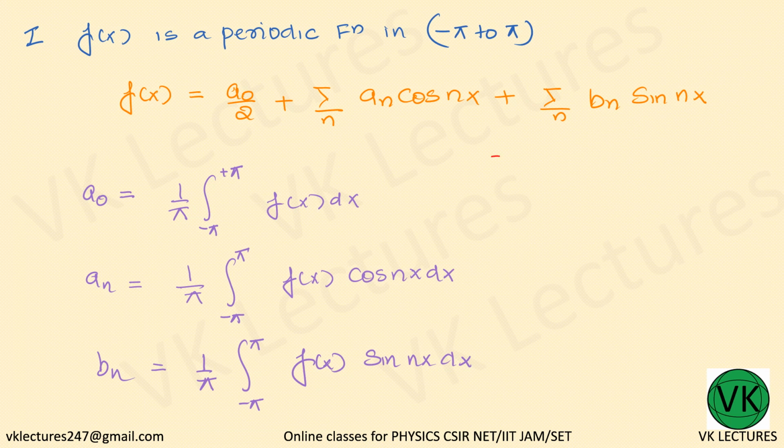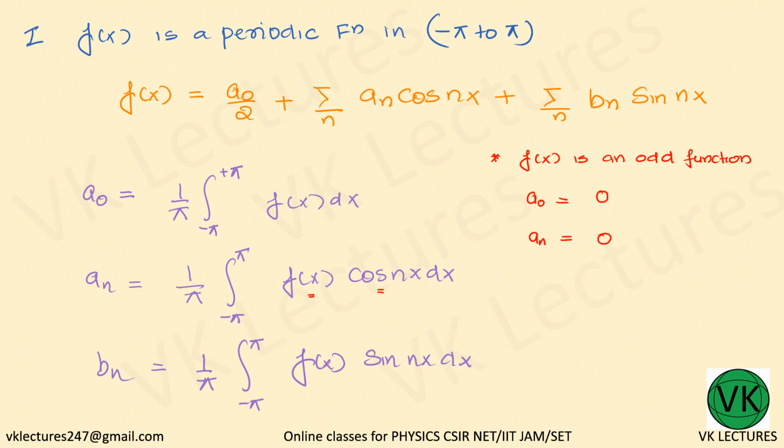So bn is 0. You can please make a note of it. Similarly, if f of x is an odd function, then a naught will be equal to 0, since this is an even limit and an odd function. And an will also be 0: f of x is an odd function, cos is an even function, odd into even is an odd function, and with even limits the integral will be 0.